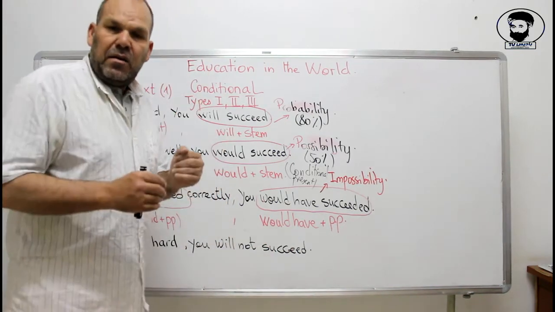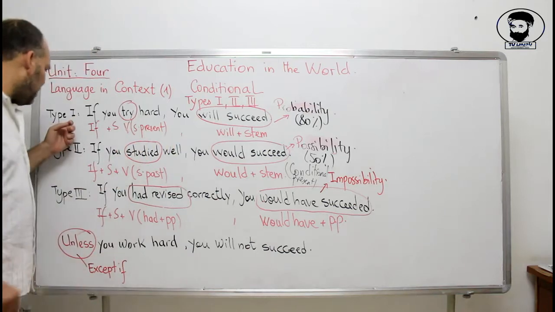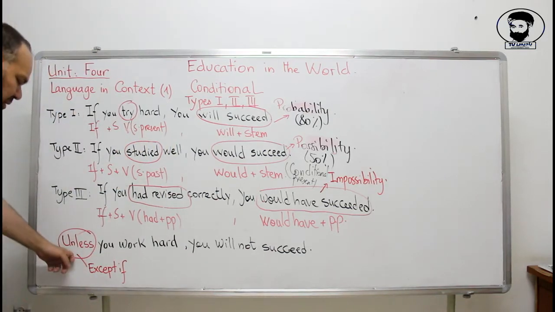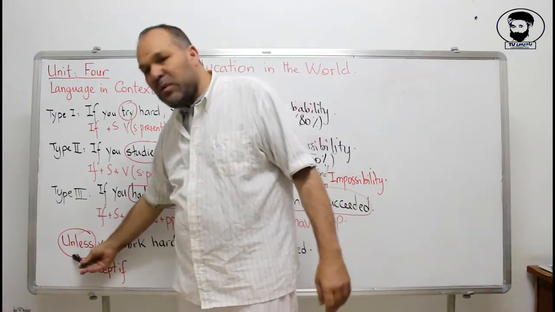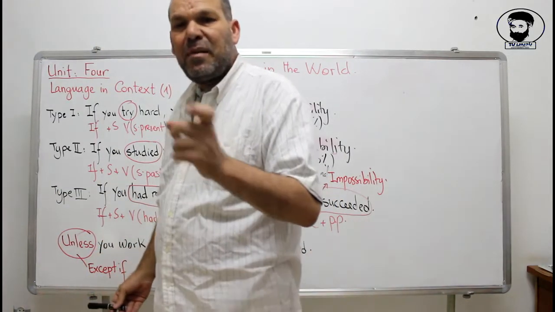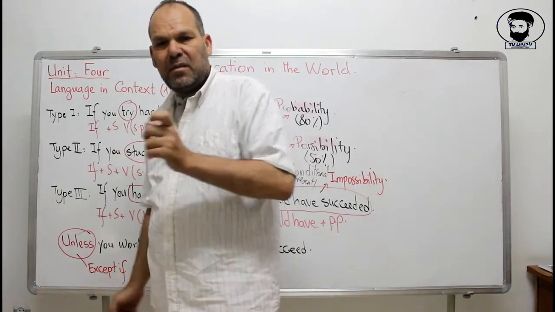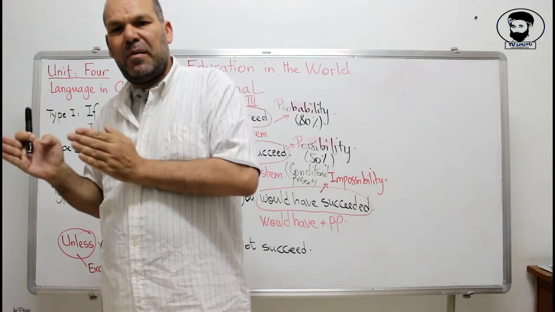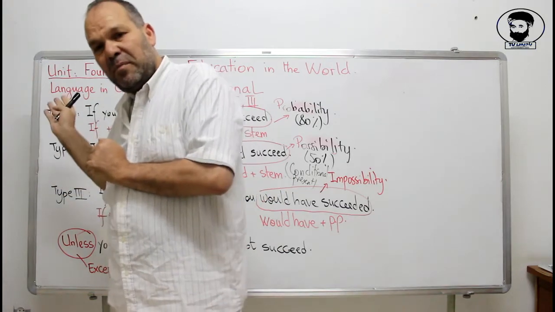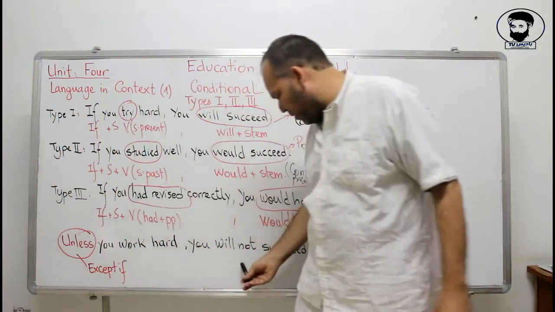Now, what is the relation between if and unless? If you remember, I told you that unless is expressing the if plus not form. It means you use if plus subject plus verb plus complement, but in the second form you are using the not form.